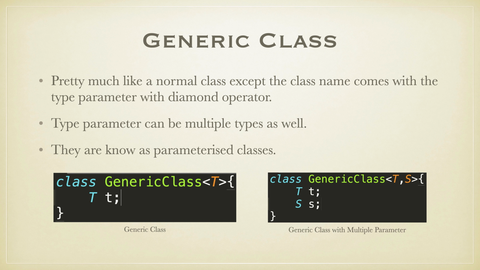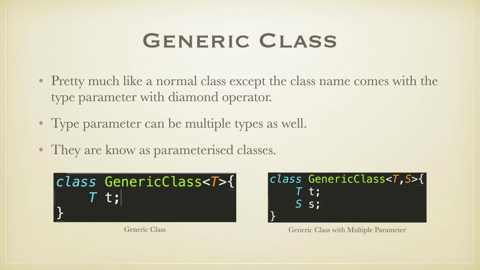And the second thing, a simple generic class with multiple parameters, T, S. So you can do that. The class can contain a single type parameter or multiple type parameters as well. Both are called parameterized classes, or you can simply call them generic classes.